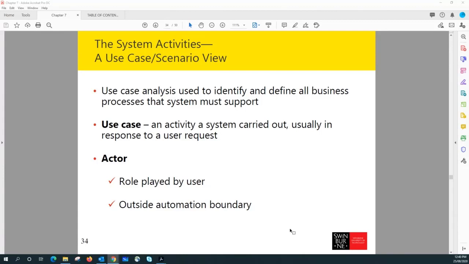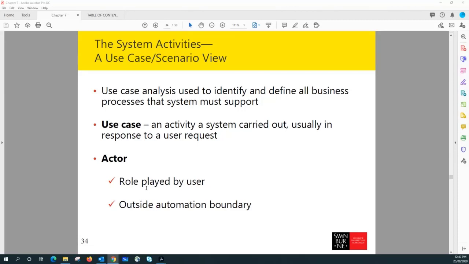Here we are identifying the actors, okay? Now, what do we mean by that? An actor is a role. We need to identify who is the role played, who is actually interacting with the computerized system or computerized application. So we identify the role that the actor is performing.